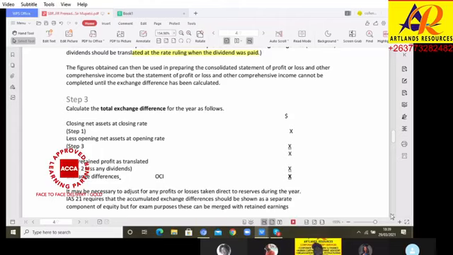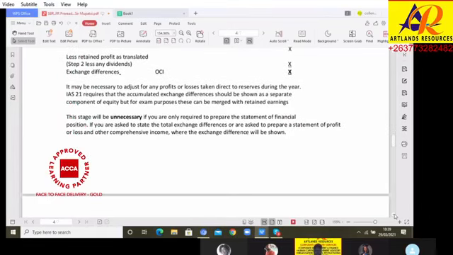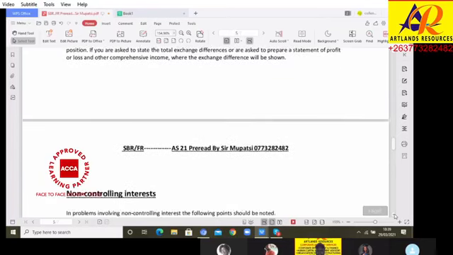Remember, net assets means share capital and reserves. You know that. Opening net assets at opening rate. And then you say less retained earnings translated, and you then get the exchange gain. I shall show you this as we are doing the illustration. All right? You get that?